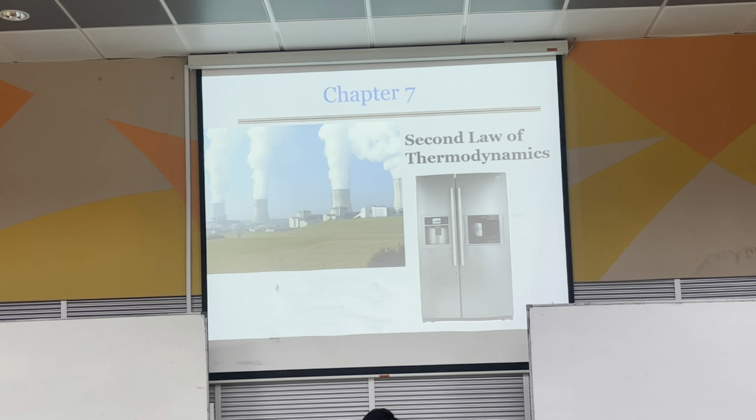Okay, so the overview here. For this slide, we will introduce you to the second law of thermodynamics. Since this is sort of a new thing, just like the first half of the lecture, we will start with introducing some new terms and new phrases. The new terms are thermal energy reservoir, reversible and irreversible processes, heat engines, refrigerators, heat pumps. Then we will describe the Kelvin-Planck and Clausius statements.